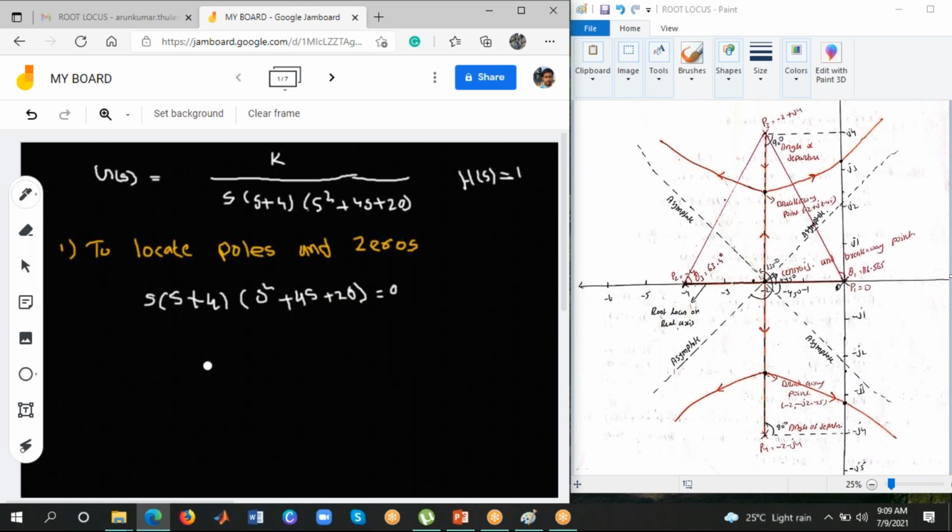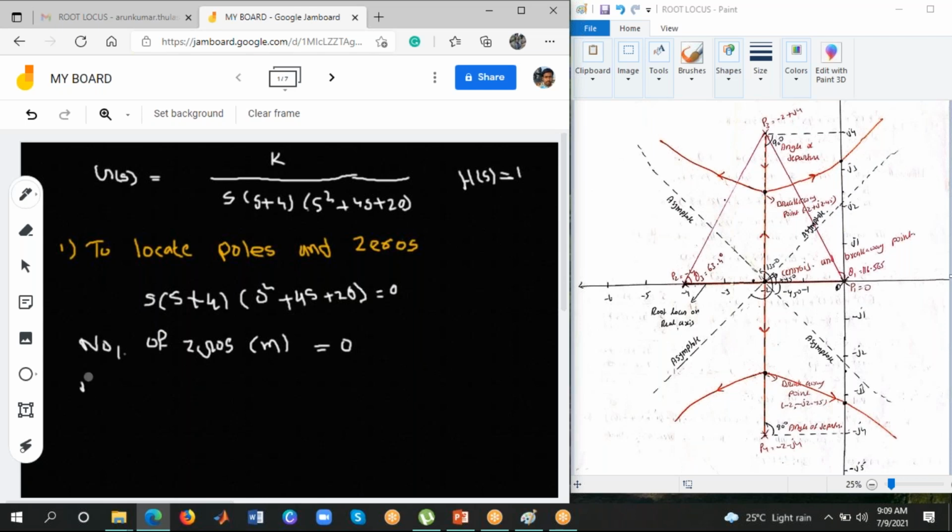So the number of zeros is denoted by m. There are no zeros because the numerator doesn't have any s terms, so m is 0.